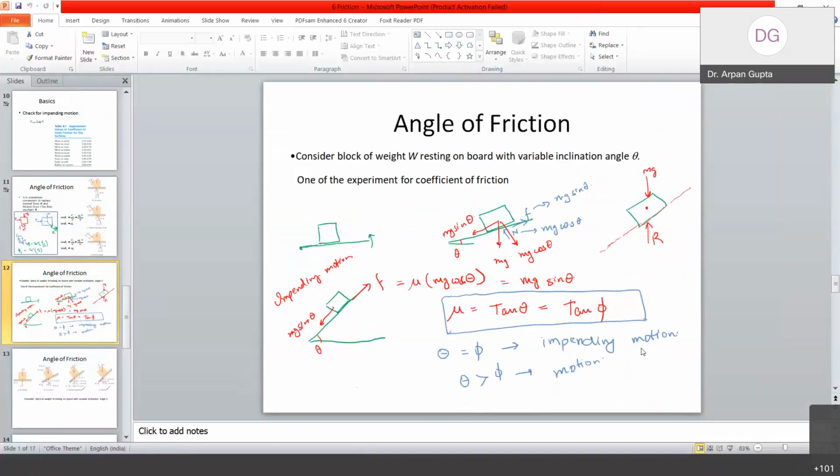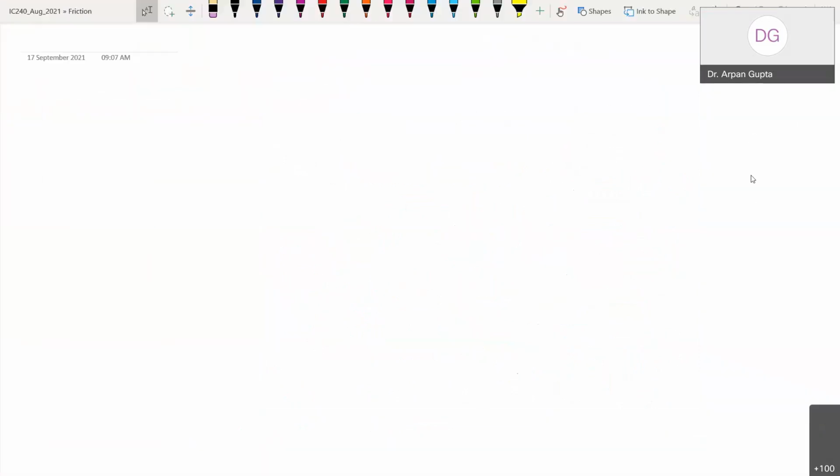Now let me shift to OneNote. Okay, can you see the screen, the OneNote screen?